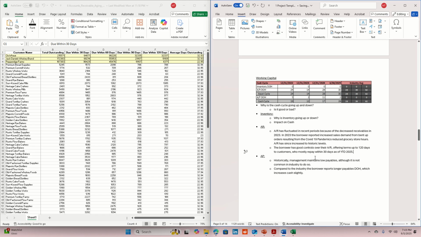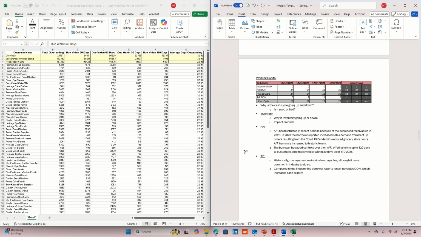And remember, if we compare this statement, who mostly repay within 30 days as of year to date 2025, look, they're paying within that time. And they're in the median industry quartile. We want days on hand to be lower. So this is where the green people are at. This means you're green, this area right here.